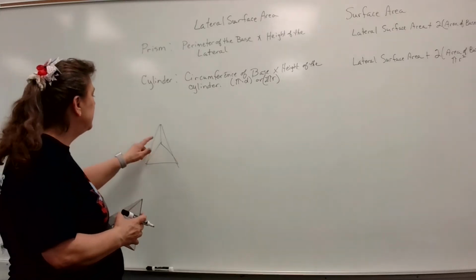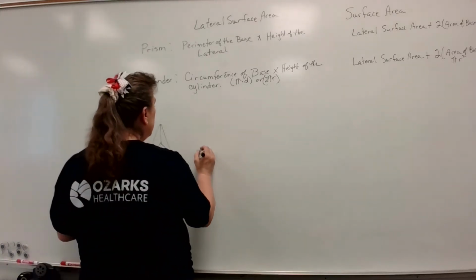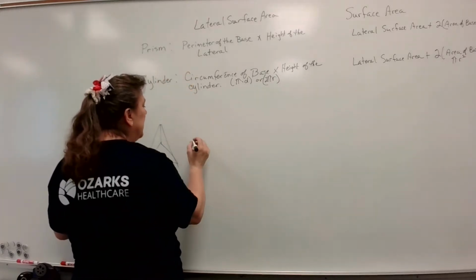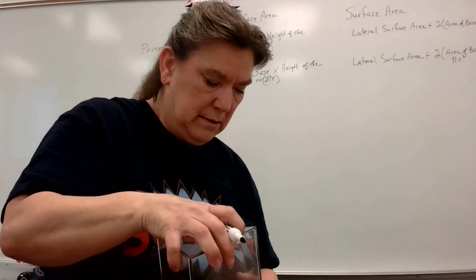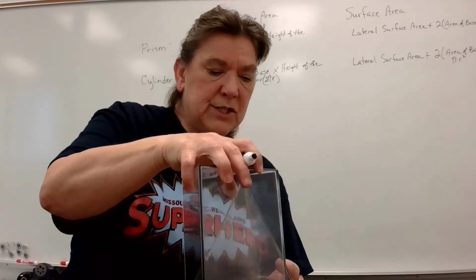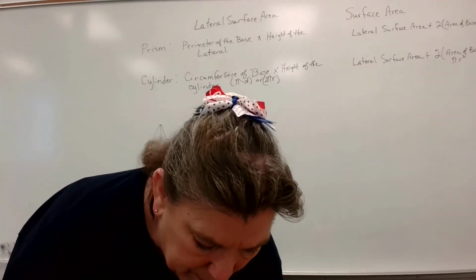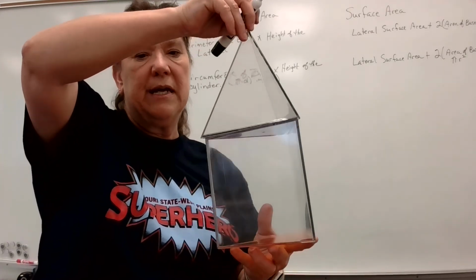Now, these triangles make up the lateral, and those triangles, if I were to actually have a rectangular prism, if those sides were rectangular, like this one is, they're essentially the same size. In fact, they are. As you can see, these are the same size.